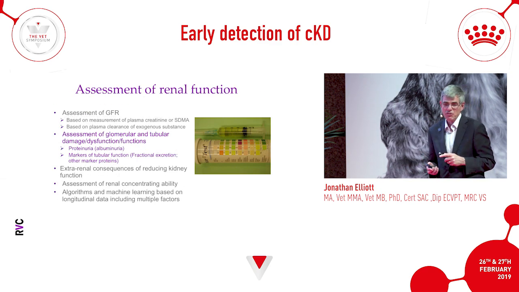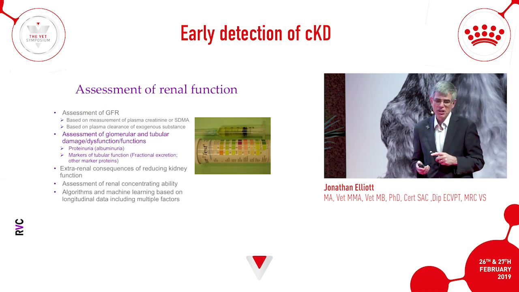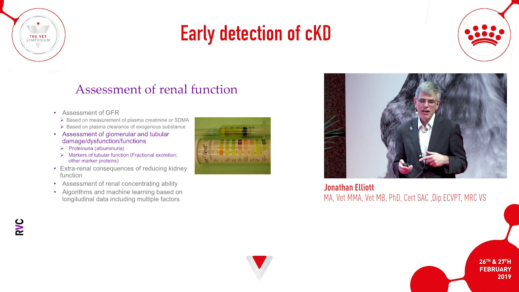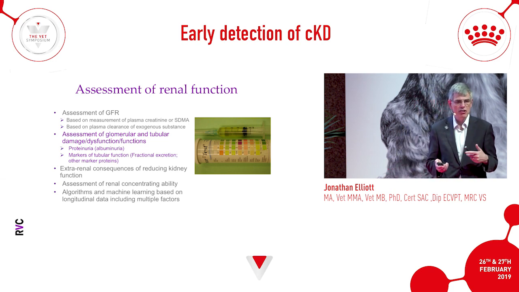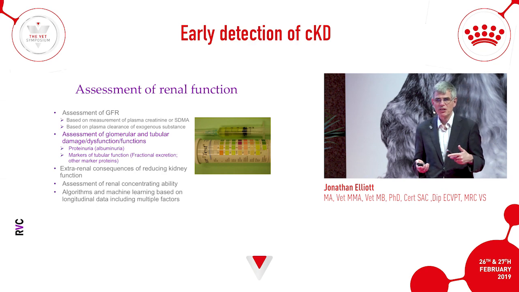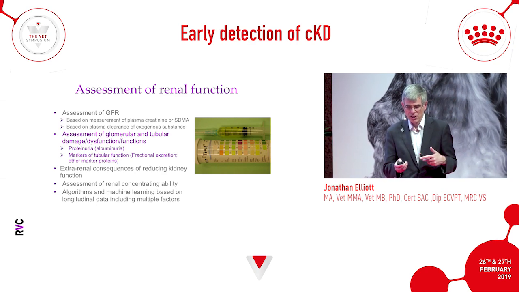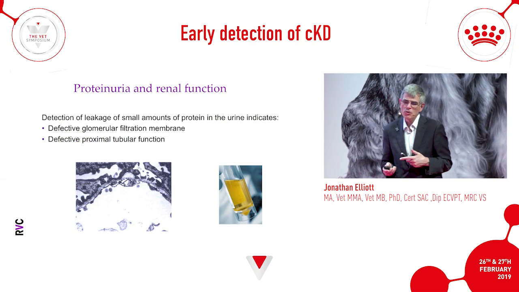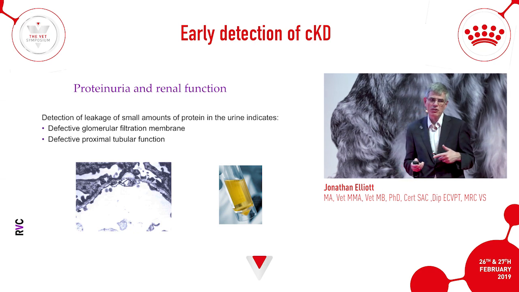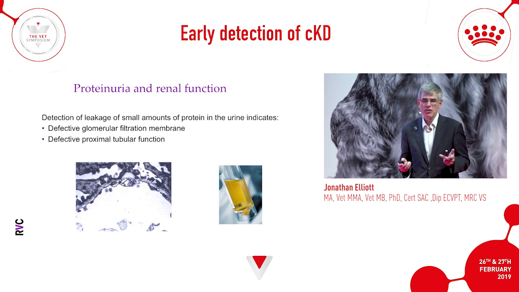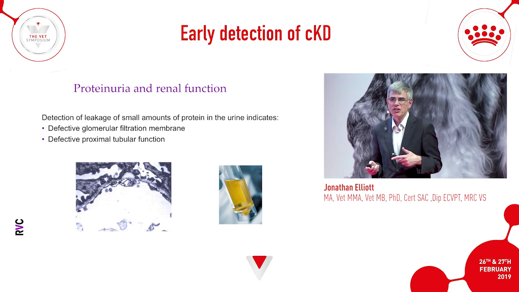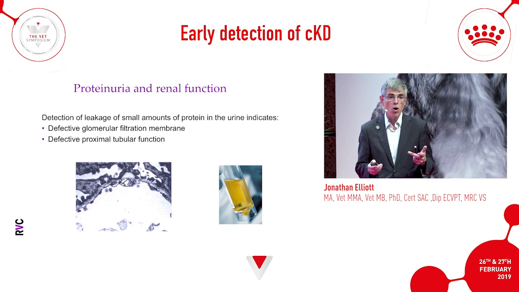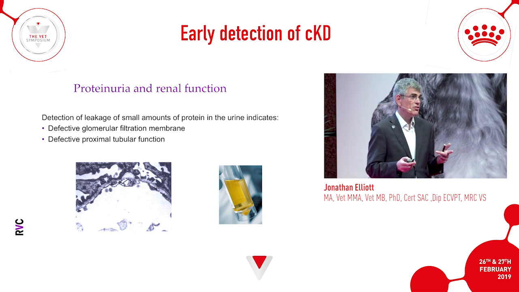The next section, I'm going to talk about glomerular and tubular damage and dysfunction, and really looking at urine samples to see if we can detect that damage. So proteinuria, I think the research that we and others have done over the last 20 years has redefined proteinuria. When we first started working on this, a urine protein to creatinine ratio needed to be above 1 before it was actually reported as abnormal.